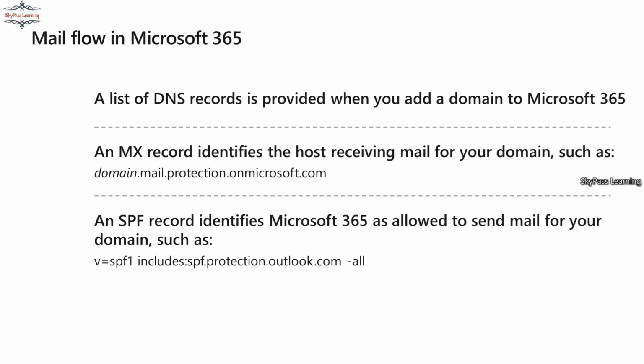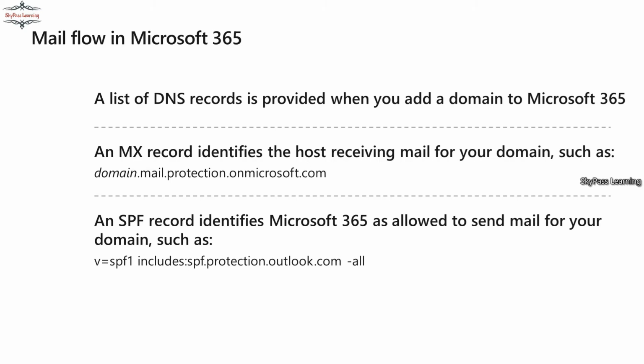So if you're sending and receiving emails, that will automatically be sent and received, and you need not configure anything for that. But if you are adding your custom domain, which is always a recommended or required approach, you have to add your organization's custom domain. In that, you have to create your DNS records accordingly.